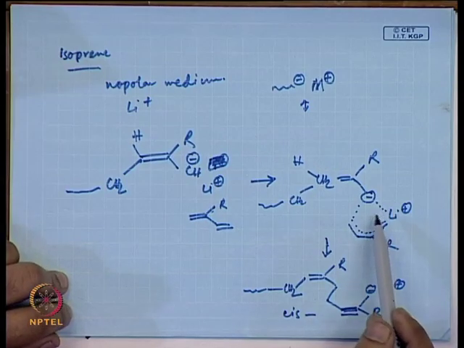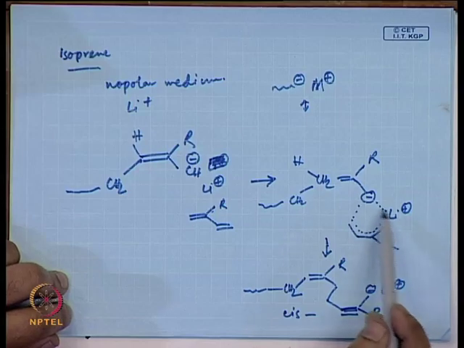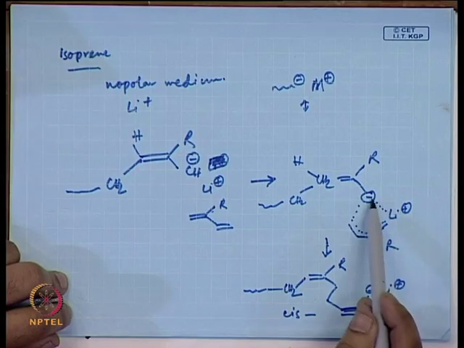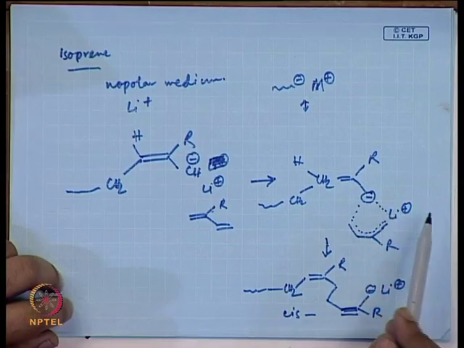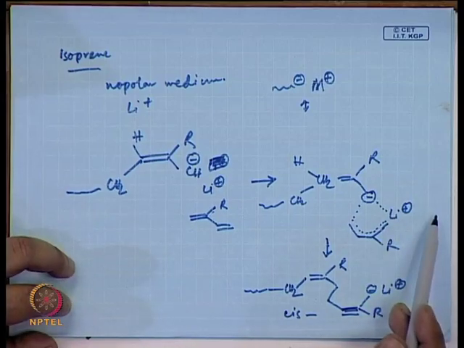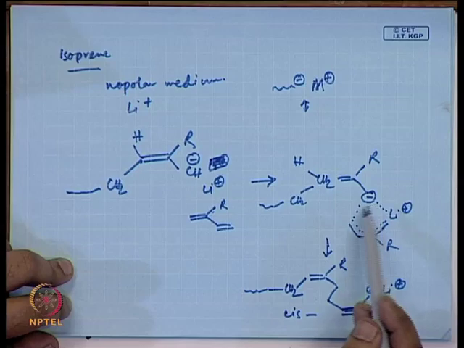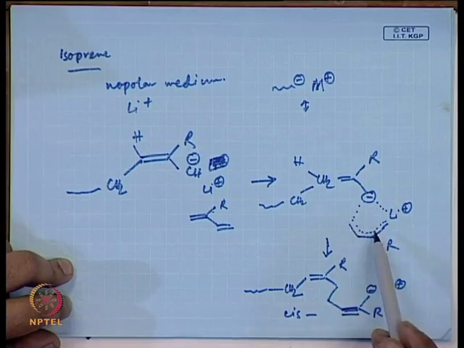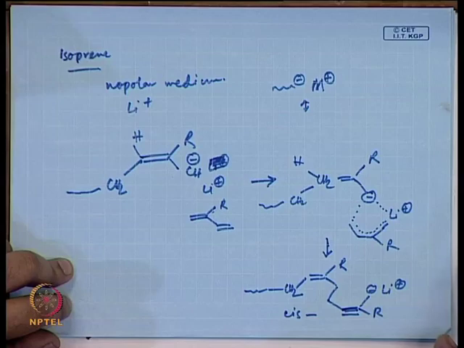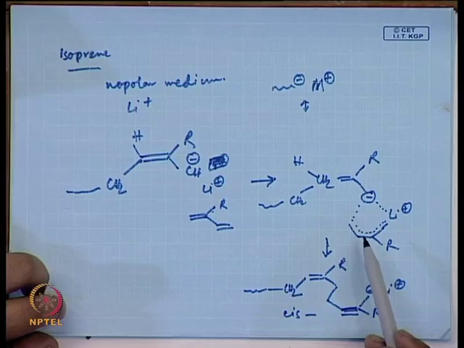Now, if you increase the polarity of the medium, then obviously the counter ion, in this case lithium, will be well separated, and if they are well separated, obviously there will not be any possibility of such type of intermediate formation, and hence as usual the trans product will be predominant.